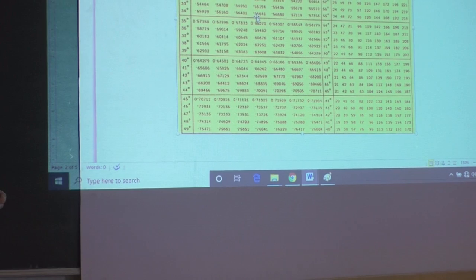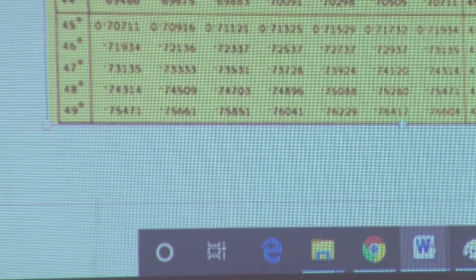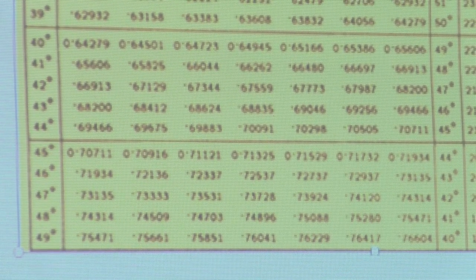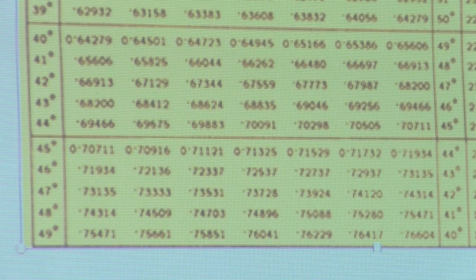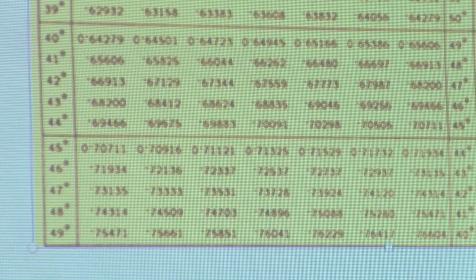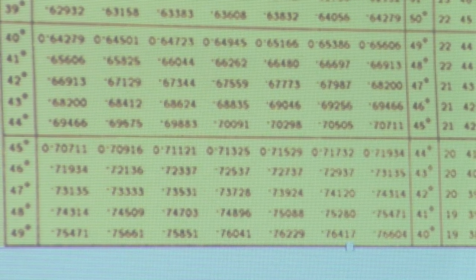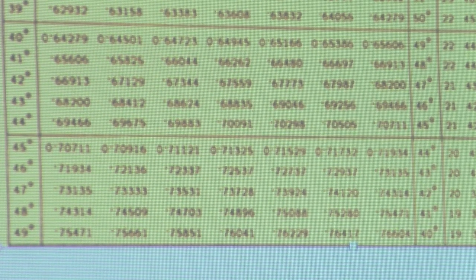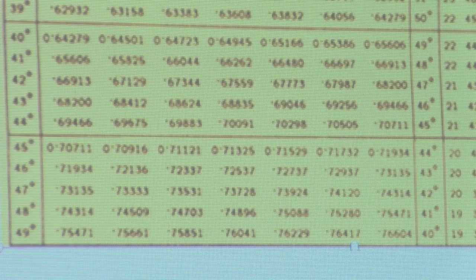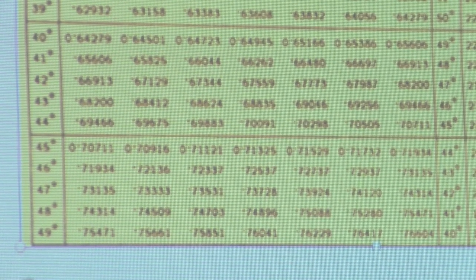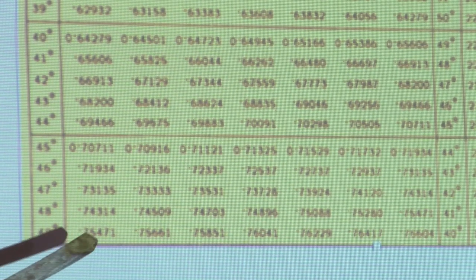See, you know sine 45 is 1 by root 2, which is 0.707. And sine theta values increase as theta increases. So it should be more than 45. Where will we get it? We want 0.75, so it should be more than 45.